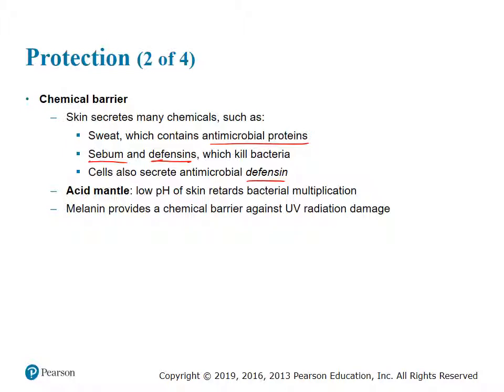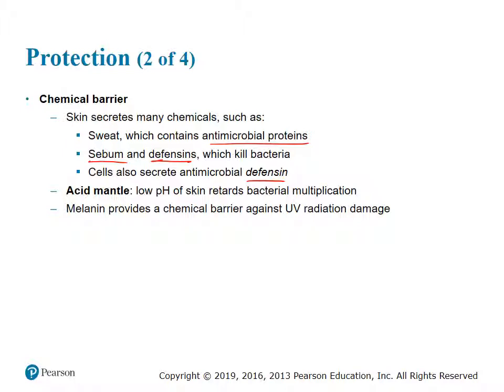And you'll notice all three of those has something to do with a microorganism, right? Because again, the skin is a wonderful area for a bacteria or a virus to enter, right? So we got to have a lot of secretions to protect us there.